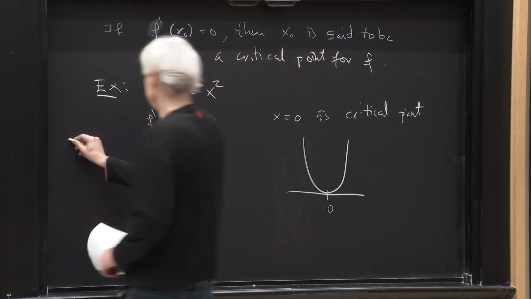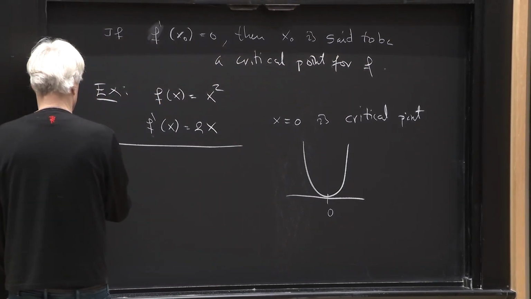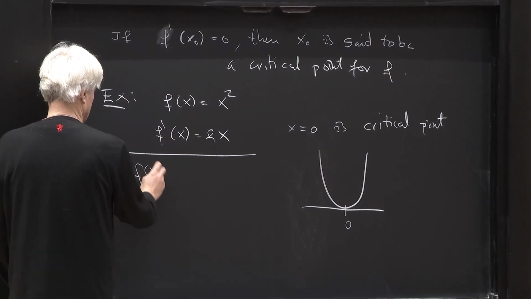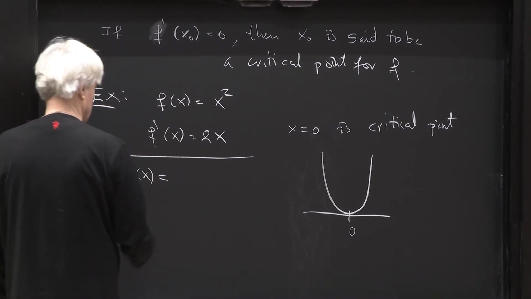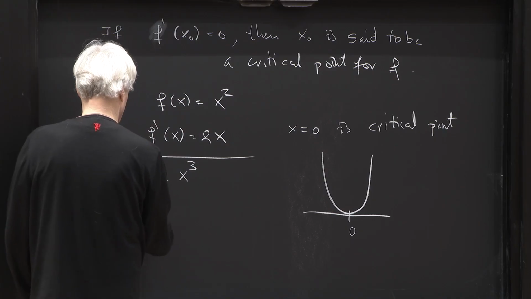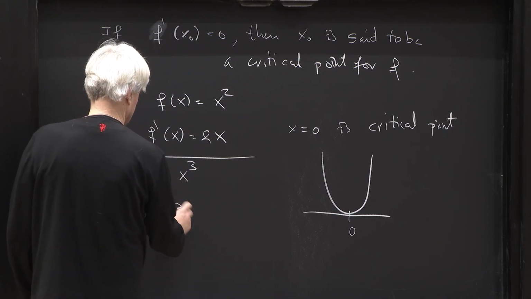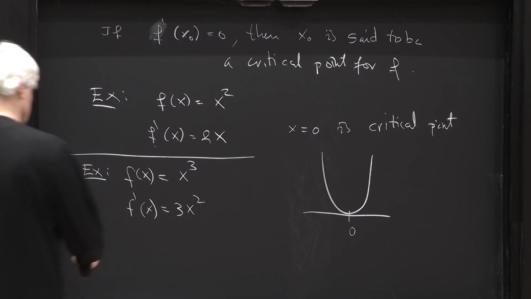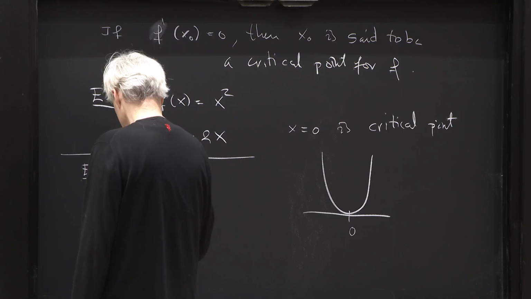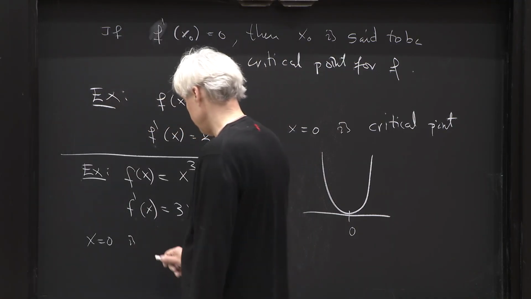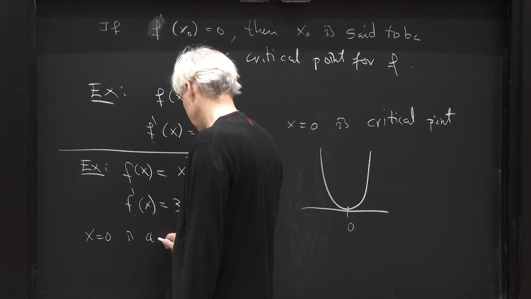Another example is if you take another polynomial, instead of x to the power 2, it's x to the power 3, then the derivative of this function is 3x squared. And so you see again that x equal to 0 is a critical point. If you plug in 0, you get 0.